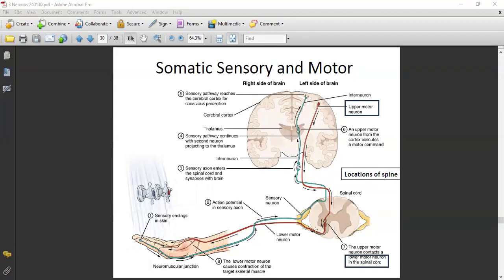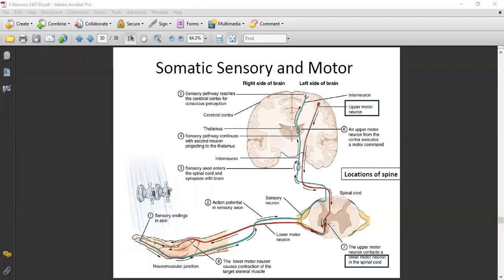They will send signal into the spinal cord. In the spinal cord, they act on lower motor neurons. The lower motor neuron has this neural body and this axon, and the axon is very long, ending at your muscle. So this is the motor nervous system. It has the upper motor neuron in the brain. It doesn't talk to muscle directly, it talks to the neuron.